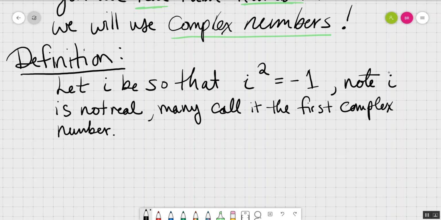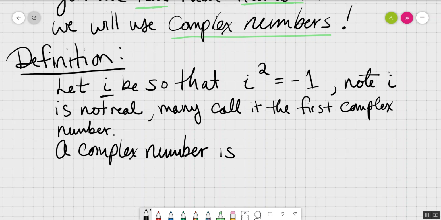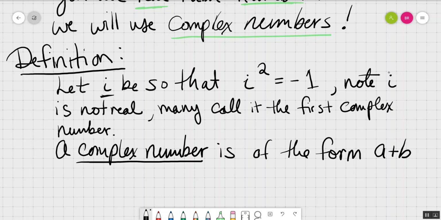So, what are the complex numbers? We just defined what i is. That was our definition. A complex number is of the form, so this is just what they look like. When you see form, that's what I mean. This is how they look: a plus bi.